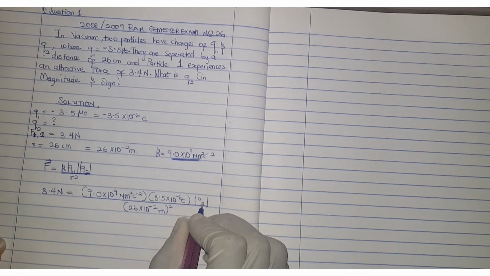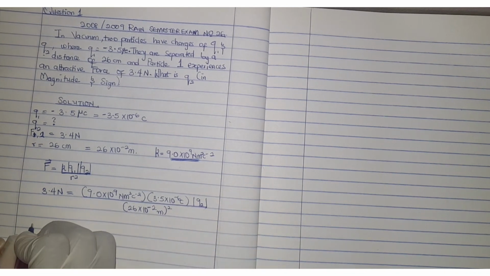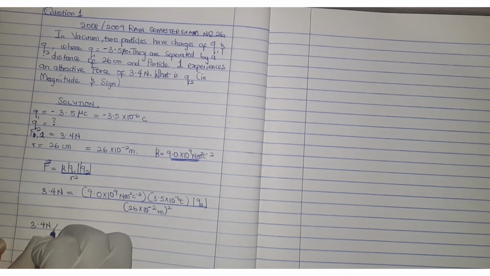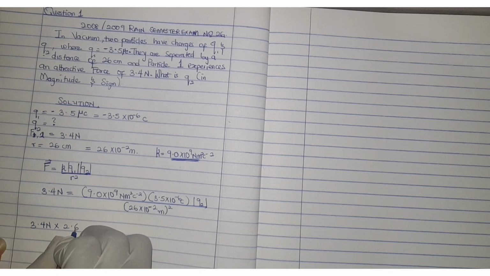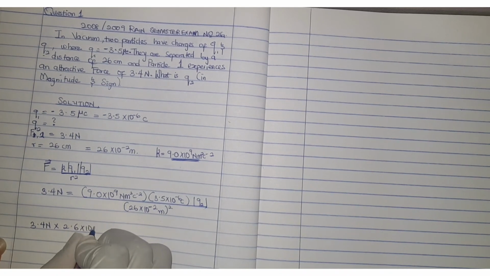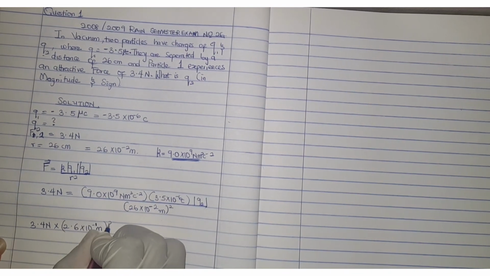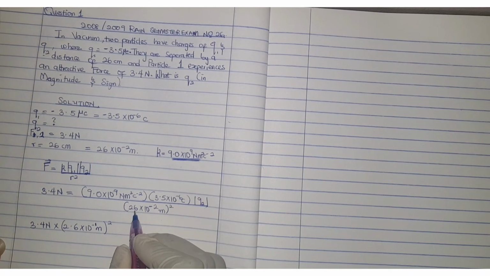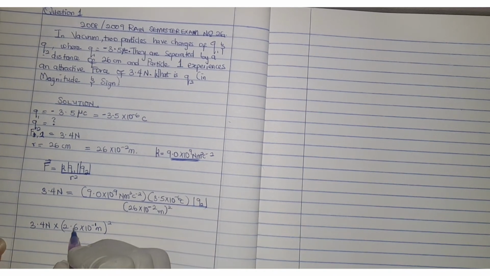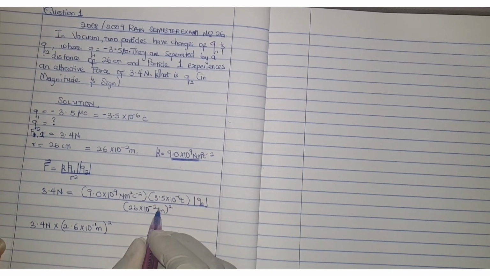Since I'm going to find Q2, I will say 3.4 Newton times 2.6 times 10 raised to power minus 1 meter square. I only convert this to standard form: 2.6 times 10 raised to power 1 minus 2 plus 1.